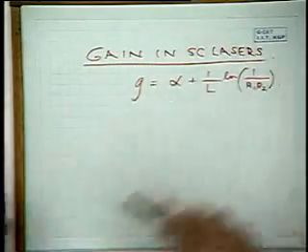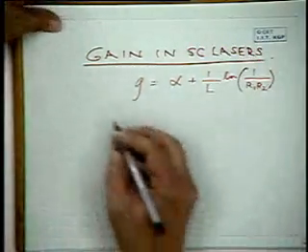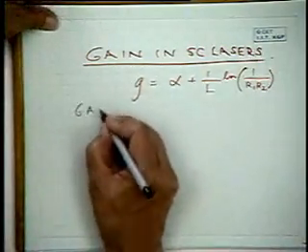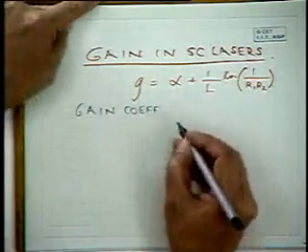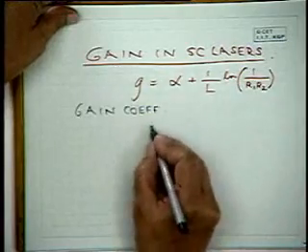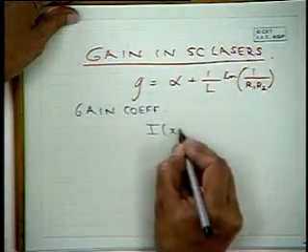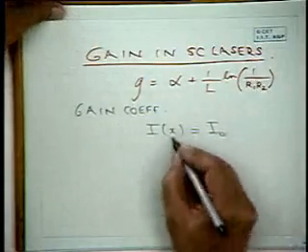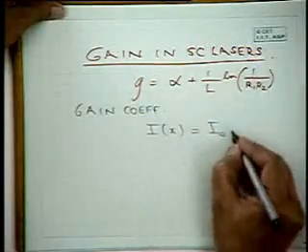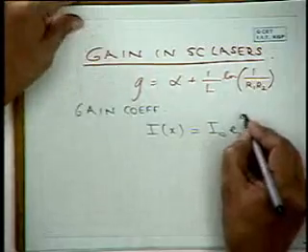So we can define a gain coefficient like this, that the intensity Ix after traversing a distance x is I0 e to the power gx.